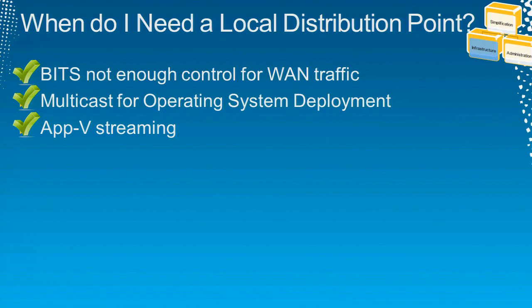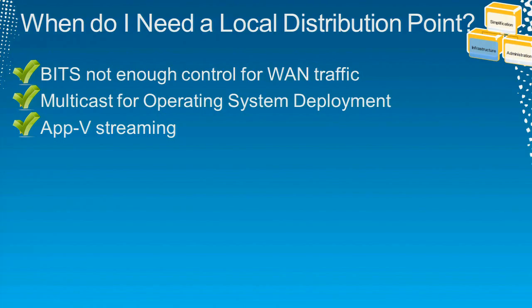One reason would be BITS is not enough control for your WAN traffic. So for clients at the end of a WAN link, you don't get enough control over the WAN for that content download from the distribution point at your headquarters. If you want to do multicasting for operating system deployment or app streaming, then you need a distribution point. Now what we've done in ConfigMgr 2012 is we've gotten rid of branch DPs. We have no more concept of a branch DP.